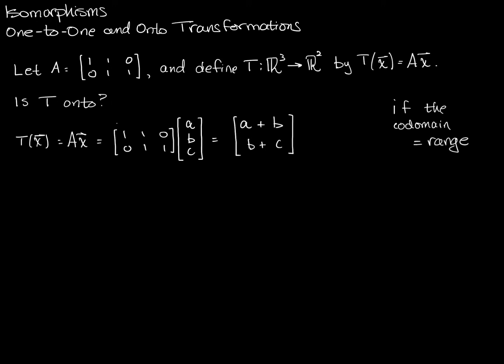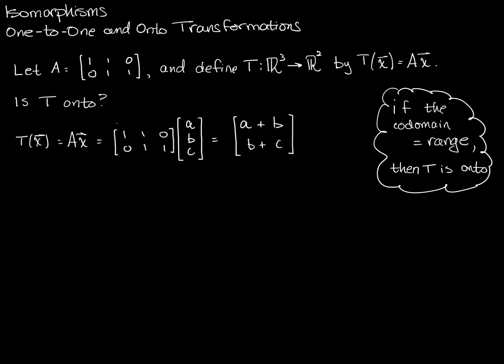Because the range is the actual outputs, and the codomain is just the possible outputs. So if the range and the codomain are the same, then the transformation is onto. It's just another way to say what it means to be onto.